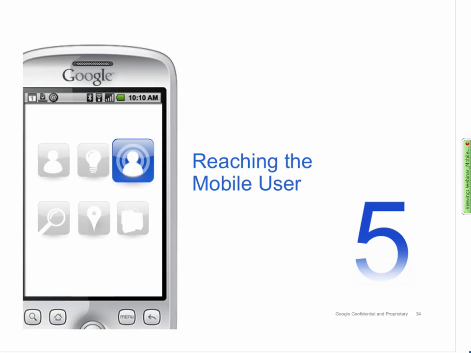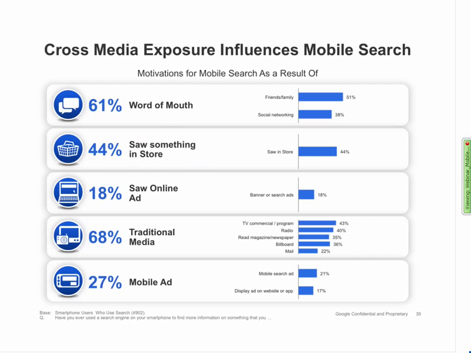So the last section of our findings was really understanding how we can effectively reach mobile users, or what the implications of smartphone usage are in targeting mobile consumers, in particular with regards to how they respond to mobile advertising. Before taking a step back, I think it's really important to note that cross-media exposure influences mobile search.